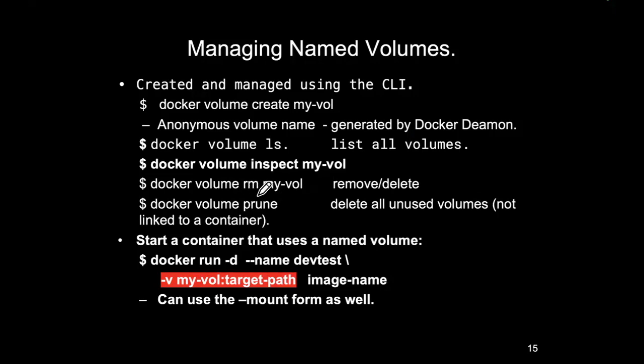Although I suppose you'd have to be careful about that, but certainly this prune command is useful to get rid of all of the volumes that were automatically created by Docker when you were running some of the other containers like Nginx and the Apache web server, because presumably you don't really want those volumes.